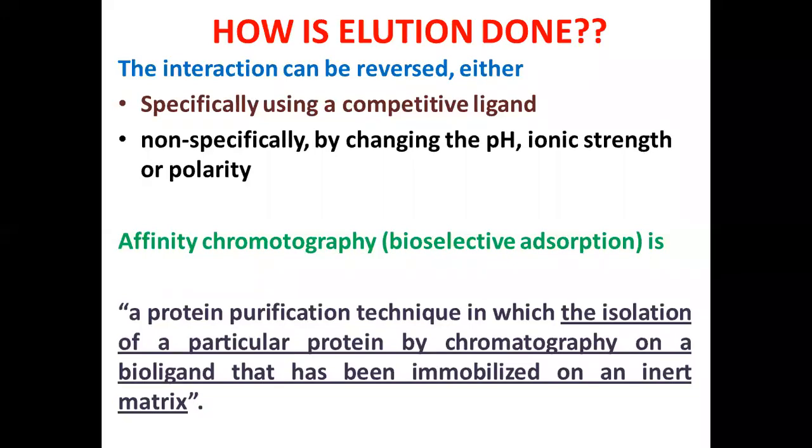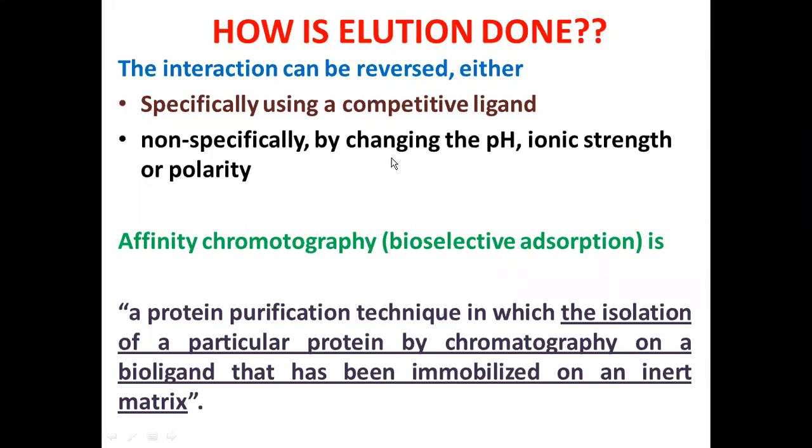Because this is nowhere specifically related to any biomolecule or any protein, but it is related to the overall experimental procedure. So if you change the pH, the ionic strength, or the polarity, definitely all those protein molecules bound with the ligand must come out. So these are the two ways of performing the elution process in the affinity chromatographic technique.